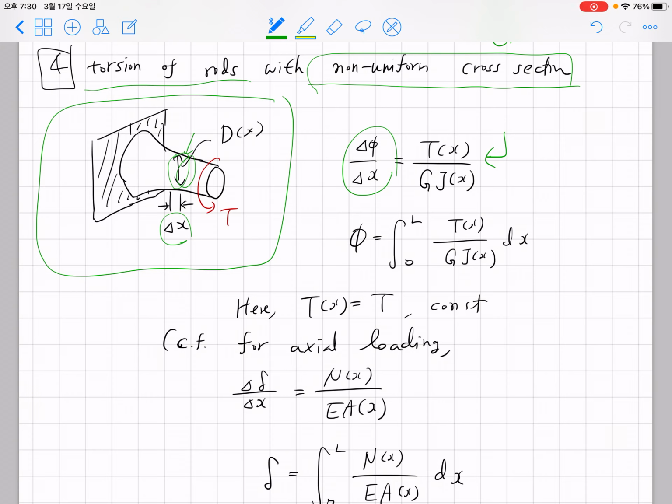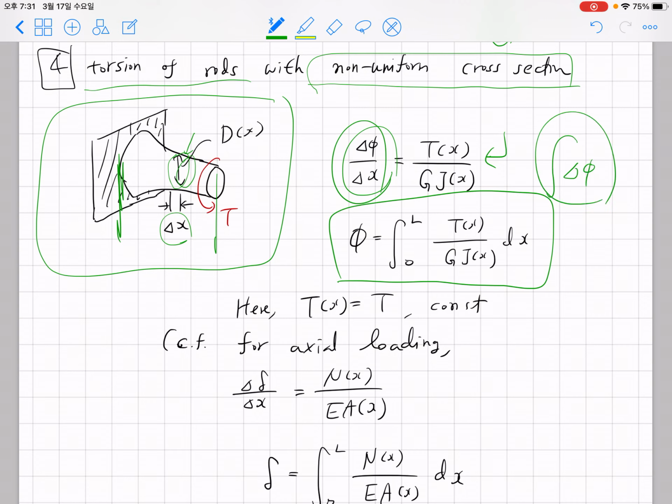Okay, now after obtaining this delta phi and delta x ratio in terms of T(x) and J(x), we can obtain the torsion angle from this wall to here using this integral equation. Simply we do an integral, and the integrand is T over GJ multiplied by dx. Okay, and we have to do this integral from 0 to L.